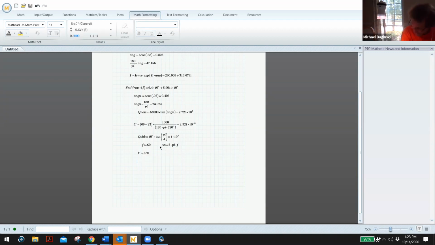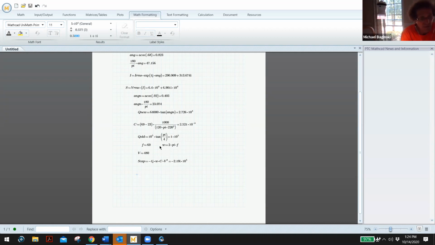Keep going down. The next thing we're going to do is get the complex power associated with the cap. And that's going to be equal to minus 1J times omega times C, times V squared. So that's that. The I is like a J in this MathCAD program. And after that, what I'm going to do is find the actual Q value there.